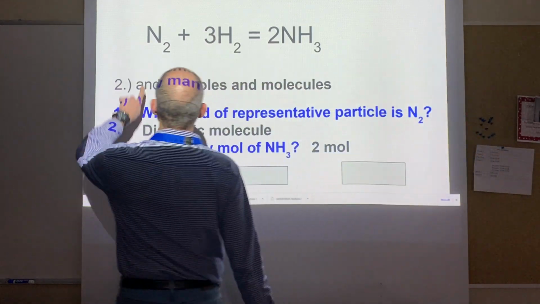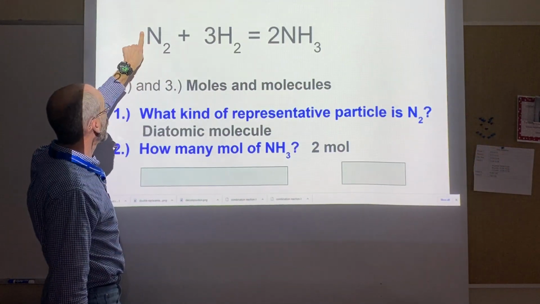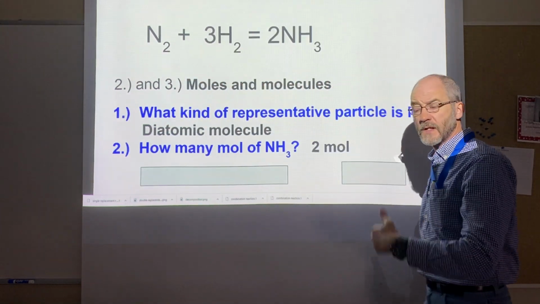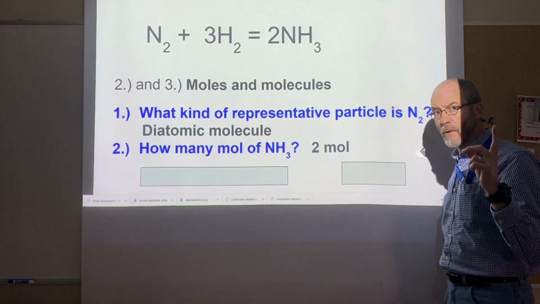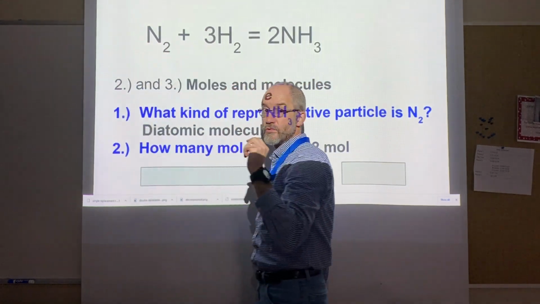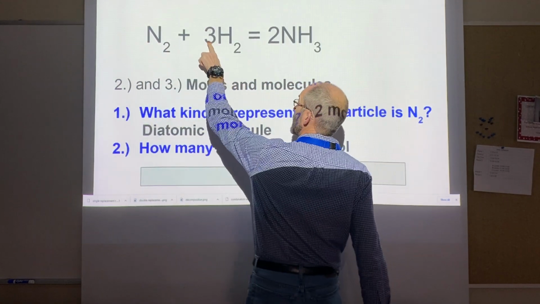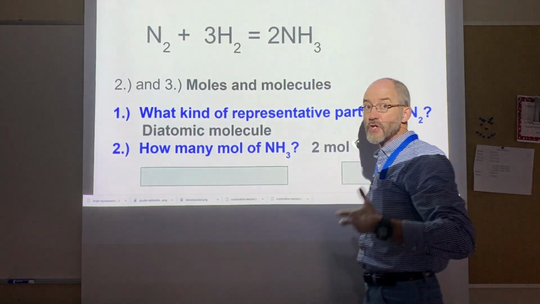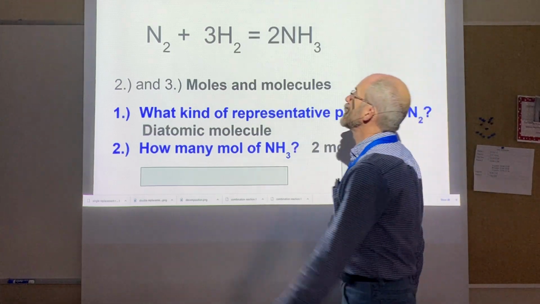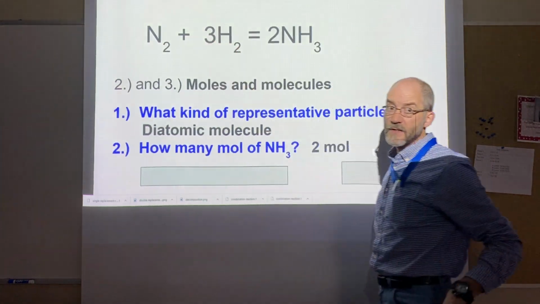So what do we say right here? We say 1. Now, there's not a 1 there, but the absence of a number is not the absence of a number. It's understood to be 1. So I have 1 molecule of diatomic nitrogen, 1 molecule. Well, what about right here? Well, I look at the coefficient. This coefficient is guiding me. And I say, okay, I have 3 molecules of diatomic hydrogen.